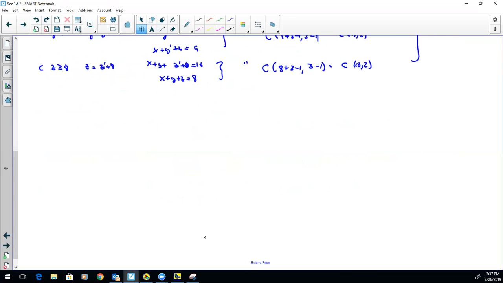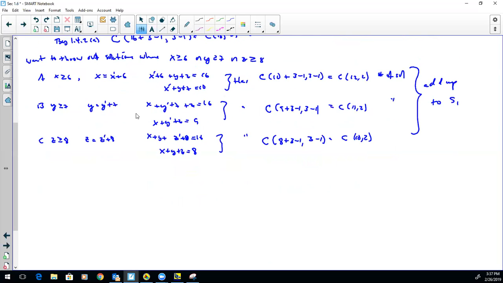Now I've got to do the S2s, which constitute 2 of these things happening at a time. So I want to throw out A intersect B's. This is what we've got here for those 2. So x is x prime plus 6, y is y prime plus 7, and that's equal to 16.